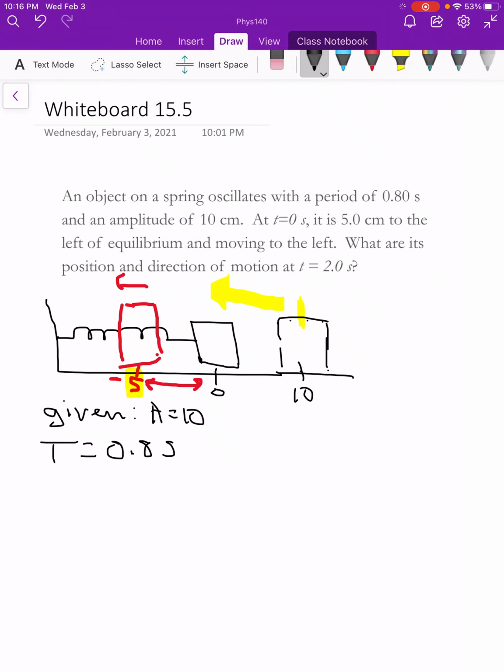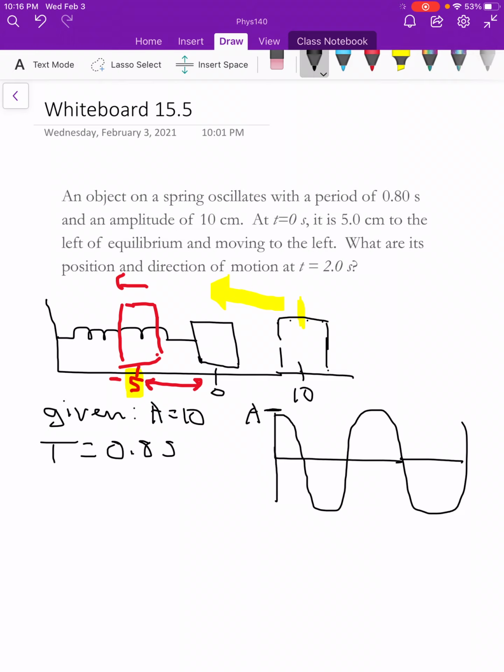Okay, well, let's think about a graph of this. Imagine I started like I wanted to, right when I first let it go, I would have a graph that looks like this. It's max, it looks like that. It's at my amplitude here at A. But I didn't start it there. I started at some other time.